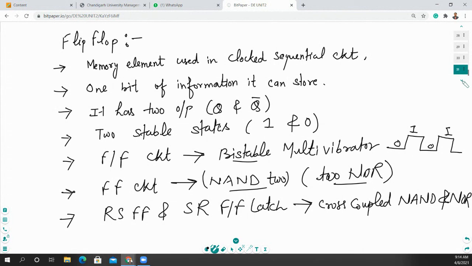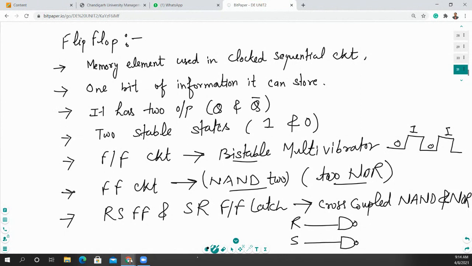Till this point, any doubt? Cross coupled means let's suppose this is your first input R and this is your second input S. You apply these inputs to the gates, with one NAND gate and another NAND gate.